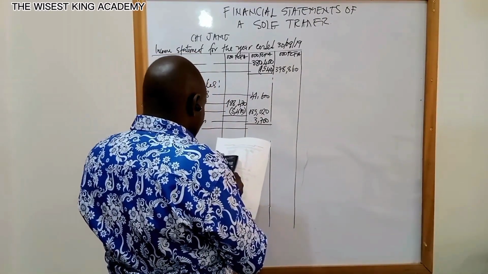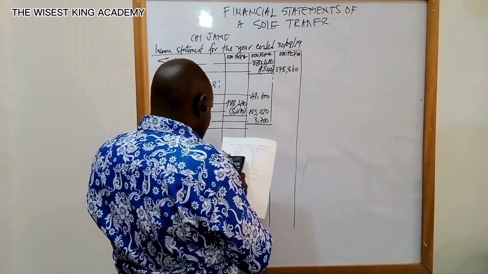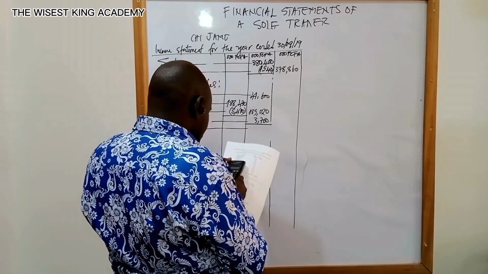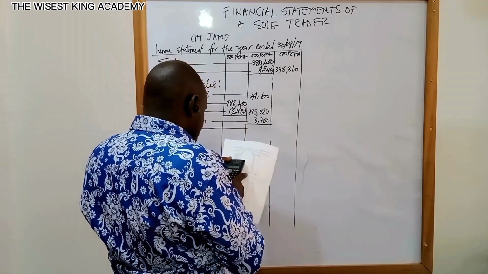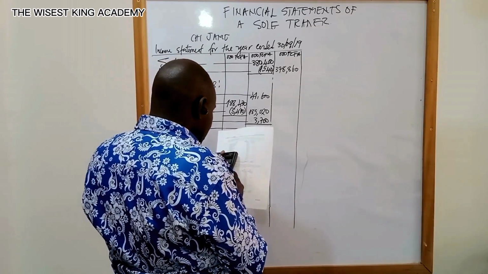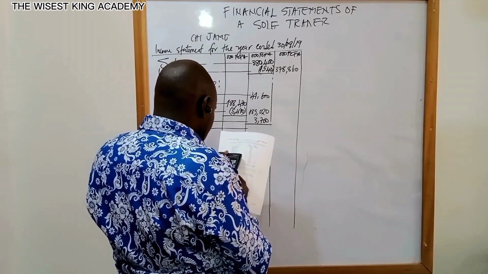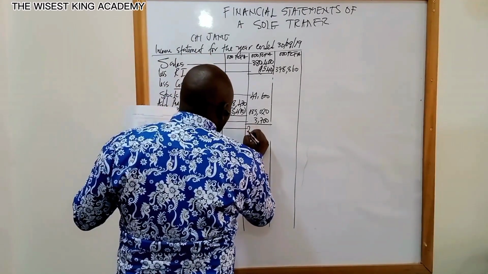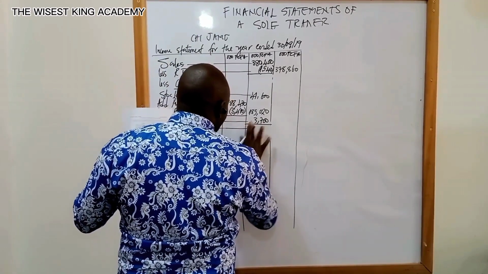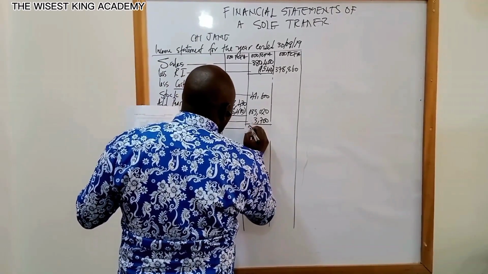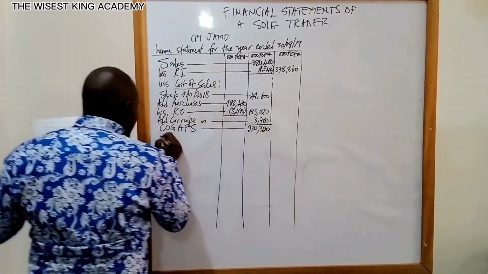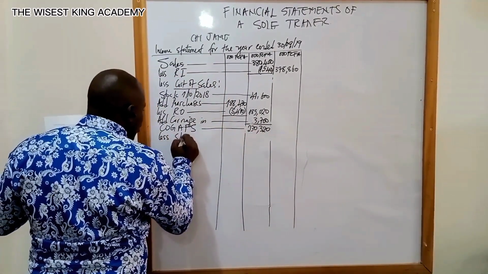So we did 41,600 plus 185,020 plus 3,700, which is 230,320. From this, we subtract the closing stock as at 30/09/2019.